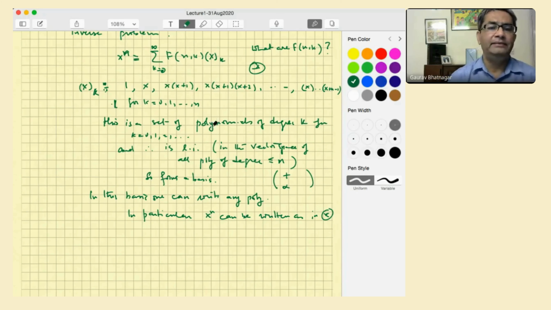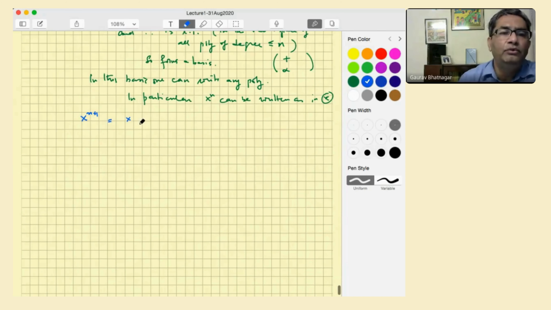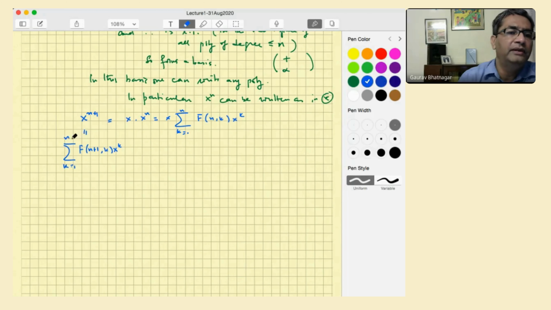Anyway, this is the problem we want to solve, and we will solve it in exactly the same way as you must have done your homework problems. I hope you did it this way. So we write x to the n plus 1 in two ways. This is x times the sum of f_{n,k} x to the k, k going from 0 to n. And this is the sum of f_{n+1,k} x to the k, k going from 0 to n plus 1.